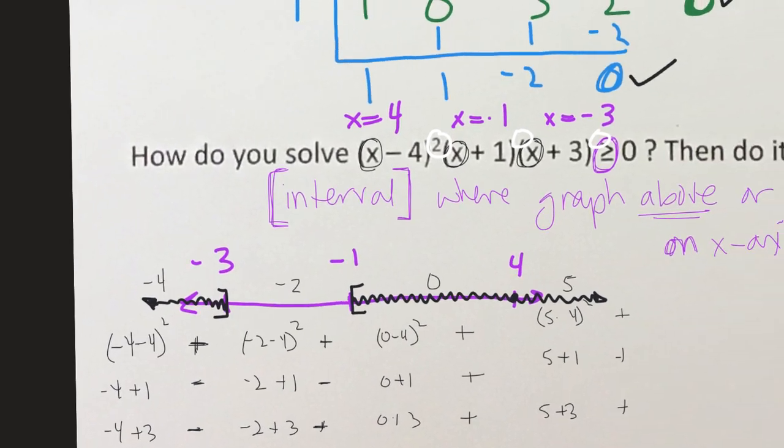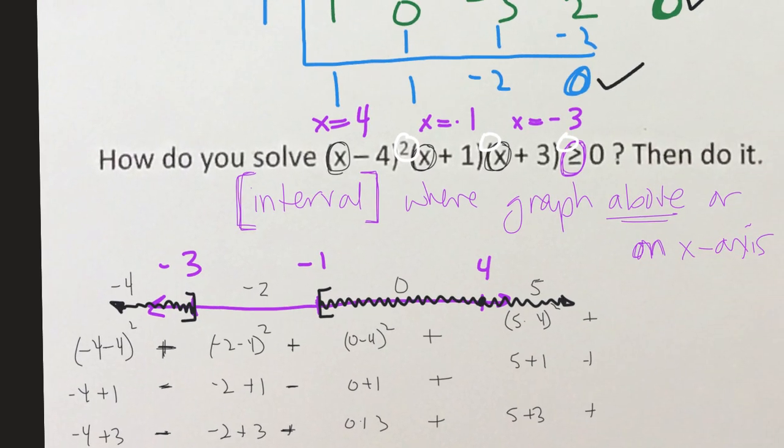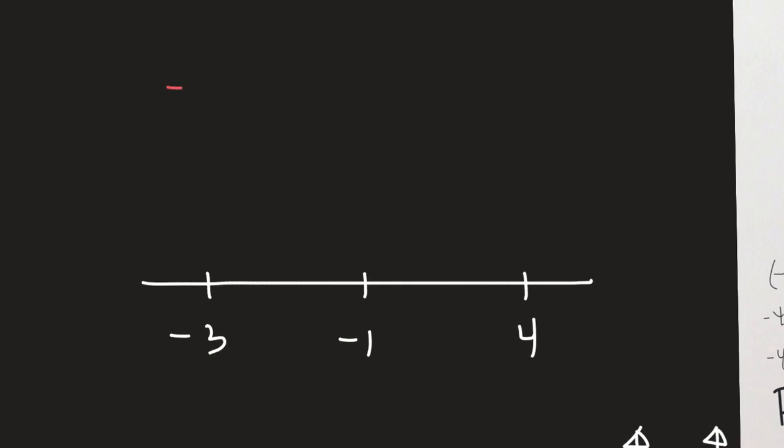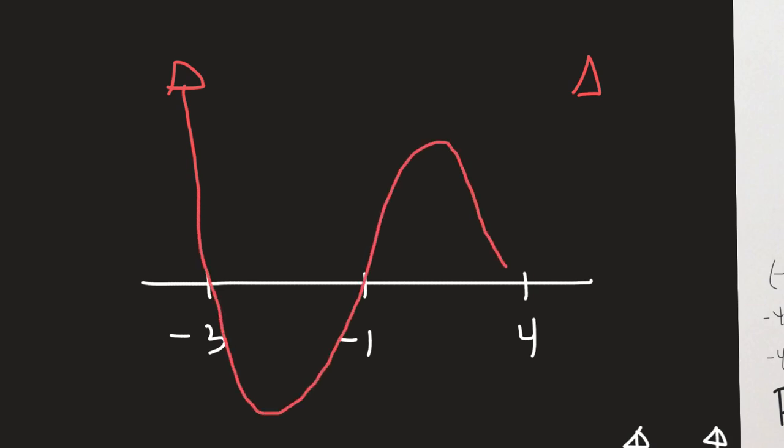And then due to multiplicity, our graph should bounce at positive 4, and it will cross at both of these other places. So it will start up here, and it will end up here, and it will cross at negative 3, and it will come back up and cross at negative 1, and then it will bounce at positive 4.